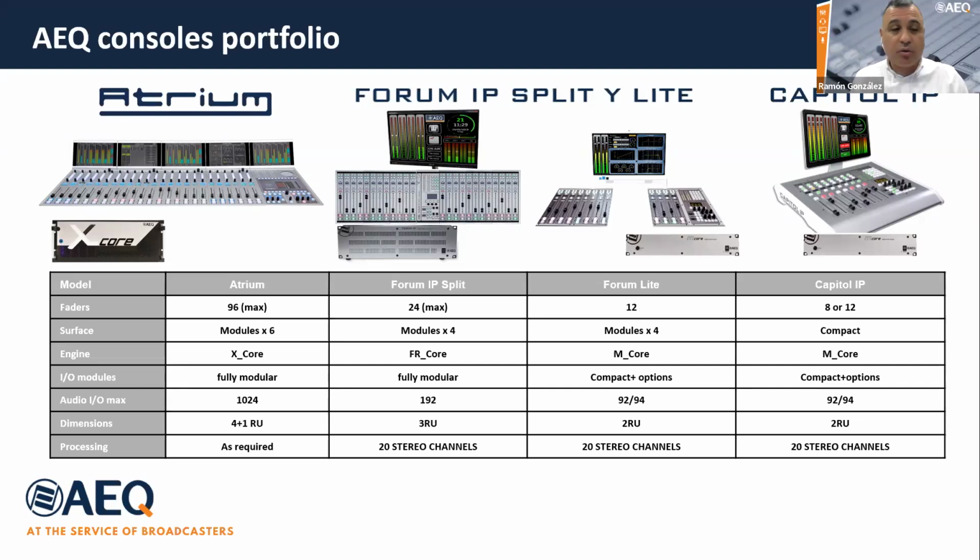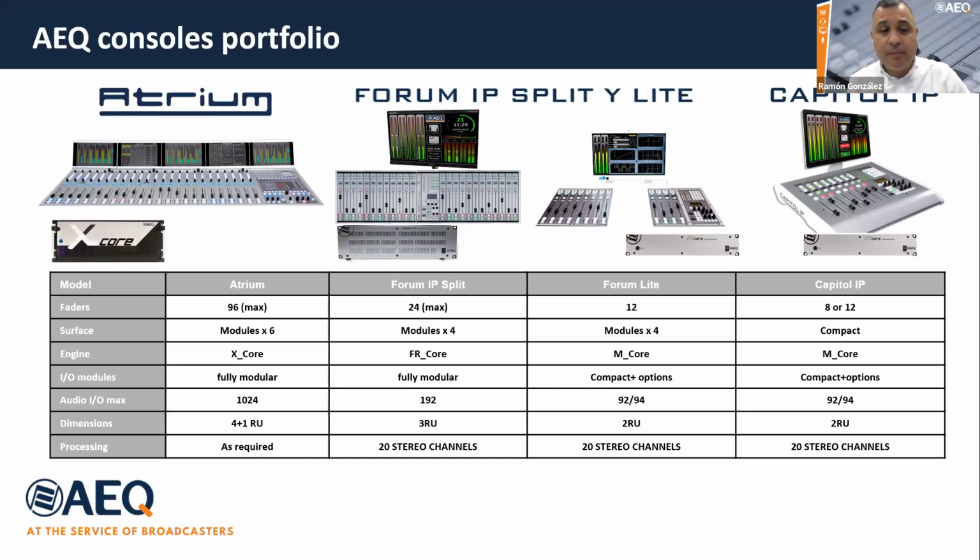Okay, 8 or 12. And Capital IP comes with an engine called M Core, which has a fixed input and output, but they are enough for any mid-size or small-size radio studio workflow. At the same time, it comes with three options, three models, for different connectivities.